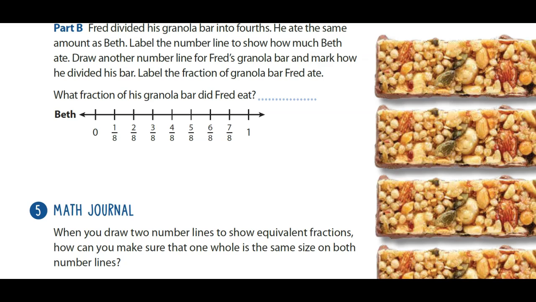So what fraction of the granola bar did Fred eat? So 1, 2, 3, 4, 5, 6, right here. 6/8. So how much of the granola bar did he eat? 6/8.